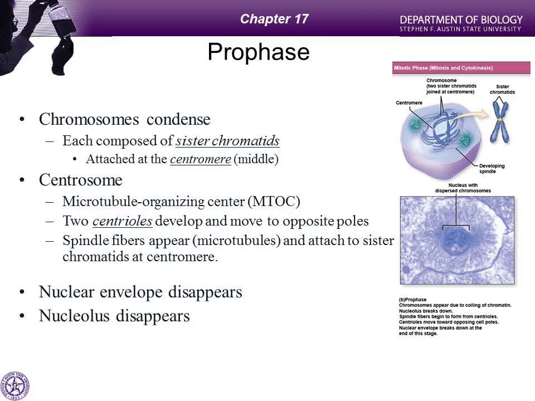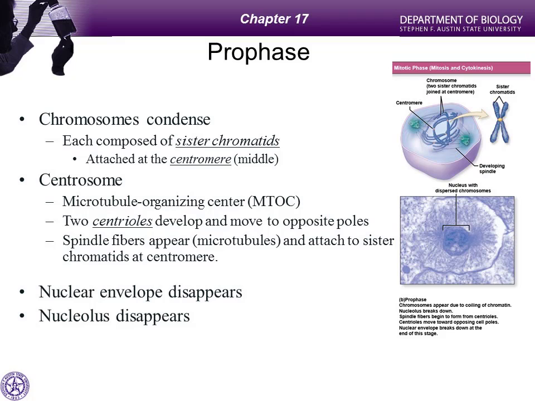Now, the new science textbooks love to throw in an extra stage called prometaphase. It's somewhere between prophase and metaphase. I don't like it. If it's not metaphase, it's prophase. Until our sister chromatids get lined up right along the middle of the cell, which we call the equator, if these homologous chromosomes are not lined up on the equator, it's still prophase.